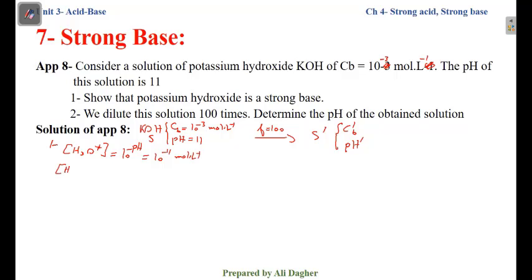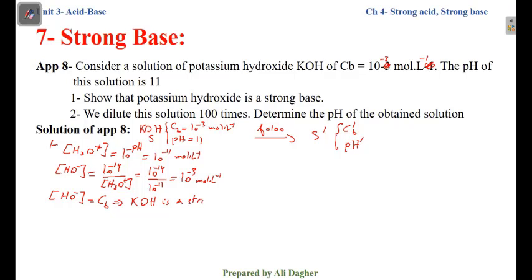Then the concentration of HO- equals 10^-14 over the concentration of H3O+, equals 10^-14 over 10^-11, equals 10^-3 mole per liter. If we compare the concentration of HO- with the concentration of the base Cb, they are equal, then we can deduce the concentration of HO- equals Cb, therefore KOH is a strong base.